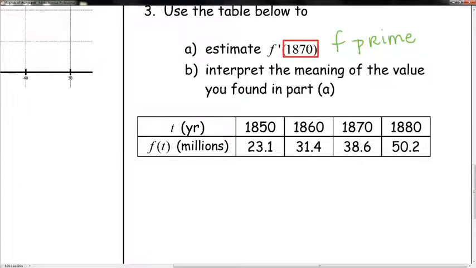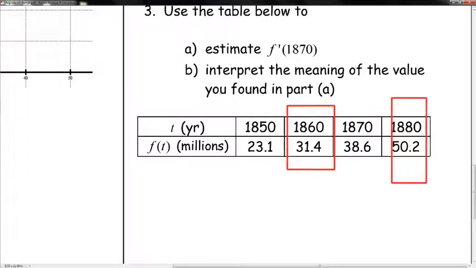Okay. Let me clear all that out. So I want to estimate the slope around 1870, or the average rate of change. Well, I have to be kind of careful because I can't use 1870. It's located right here. If I want to estimate, I have to use the x and y coordinates that are around 1870. So we're talking about 1860 and 1880. And so we want to estimate around 1870. So let's get our y2 and y1.